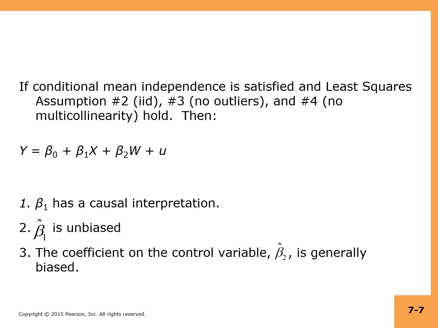If the conditional mean independence in the previous slide is met, and in addition the other least squares assumptions are satisfied, so the second assumption on IID, the third assumption on having no outliers, and the fourth assumption on having no multicollinearity, then we know that beta 1 has a causal interpretation and it's also unbiased.